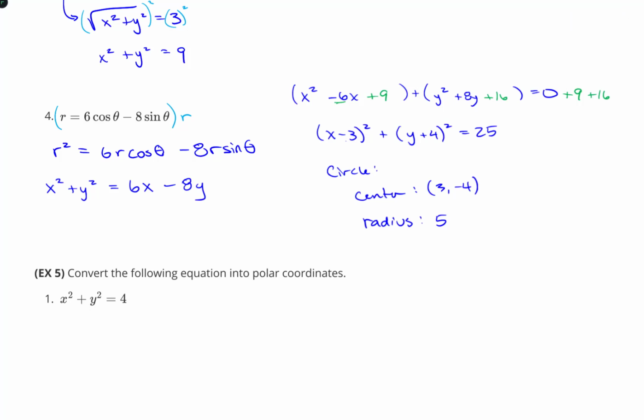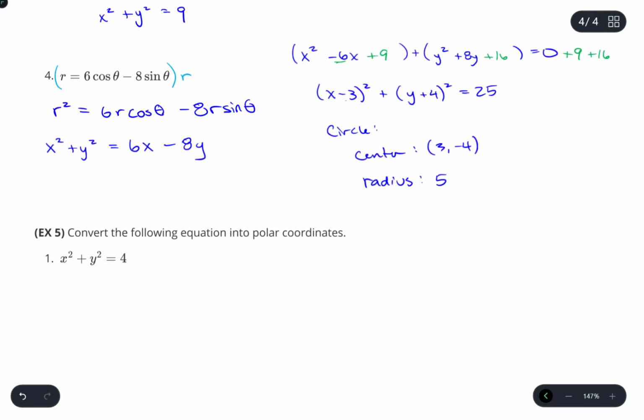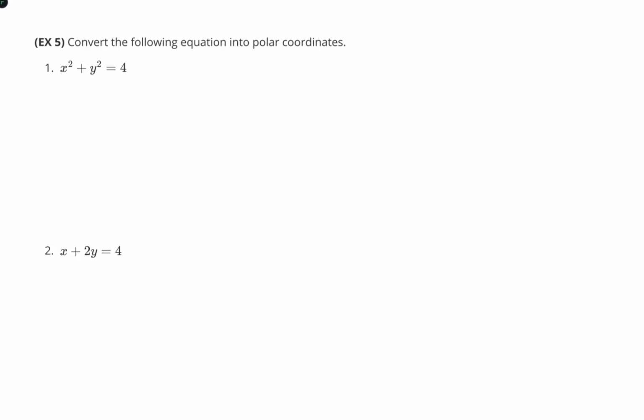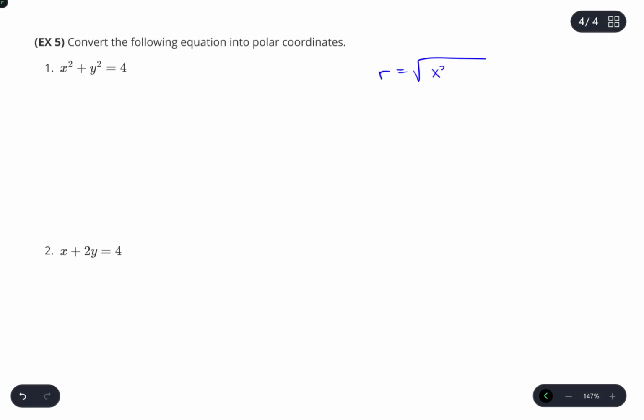All right, let's go the other direction, see how that can be done. So we have some rectangular coordinates, and we want to write them in polar form. So first off, x squared plus y squared, if we think about this transform right here, r equals the square root of x squared plus y squared, it gets a clue as to where we'd want to go.